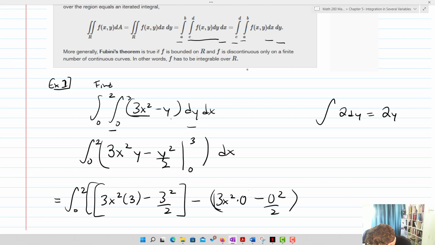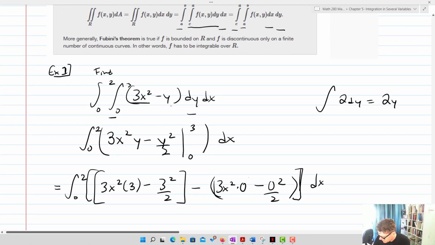So notice here that all I've done is I've gone in and replaced all my y's with 0 and 3, just like I would do if I were doing just a single integral. But in this case, we've got to treat all of our x's as if they're constants. All right? So there we go. And then this will be finally dx.